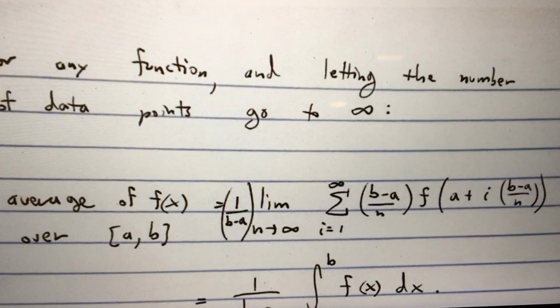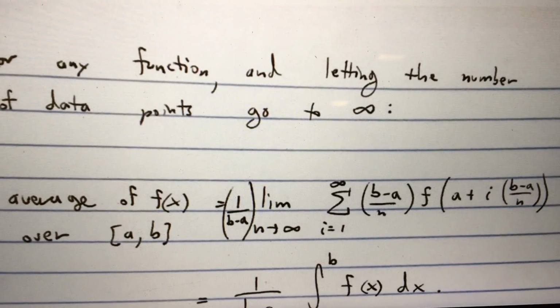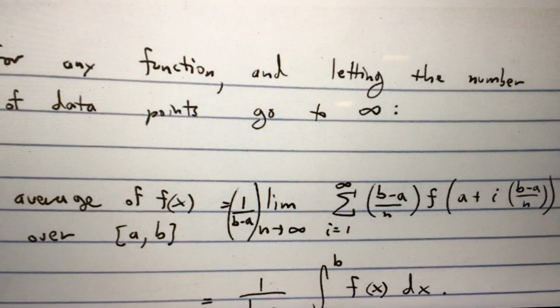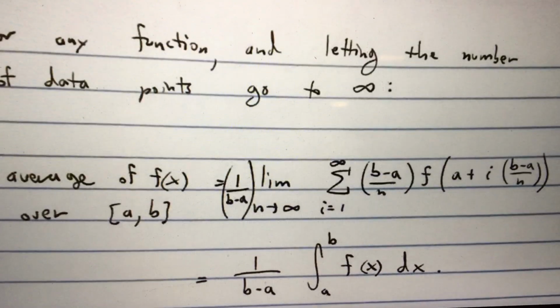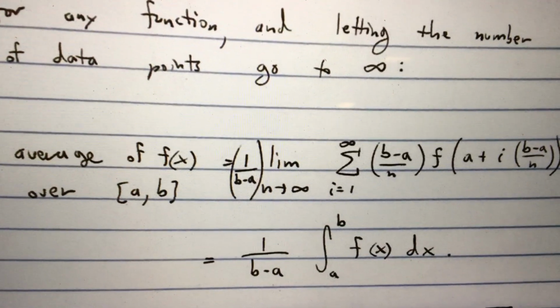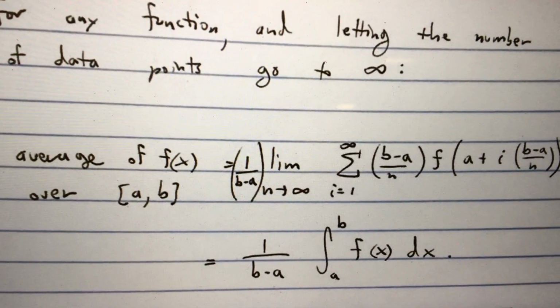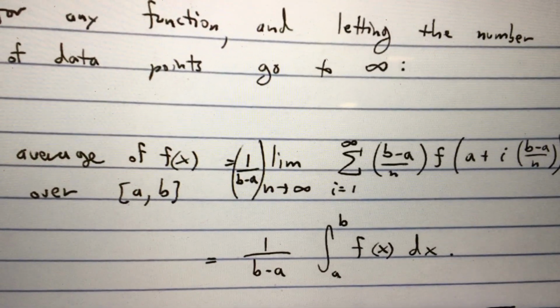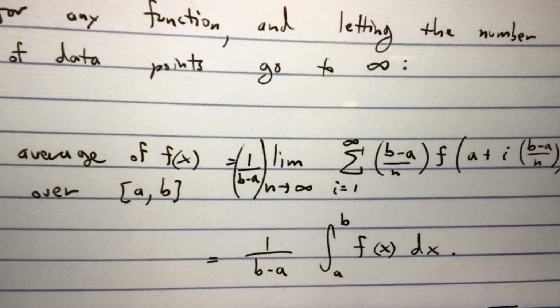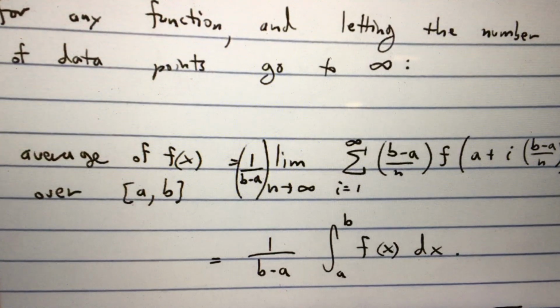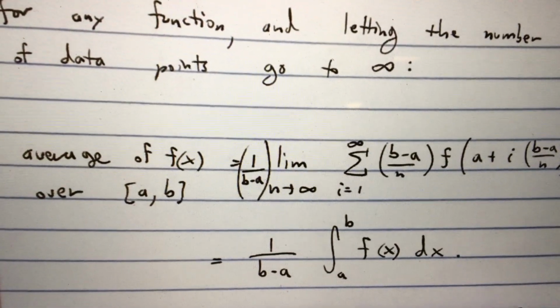That's the starting point plus the distance that you've gone so far as i goes from 1 to n. And that limit is exactly the same value as the integral. So the limit of the sum turns into the integral from a to b of f of x dx. And now we have a formula for the average. It's 1 over b minus a times the integral from a to b of f of x dx.